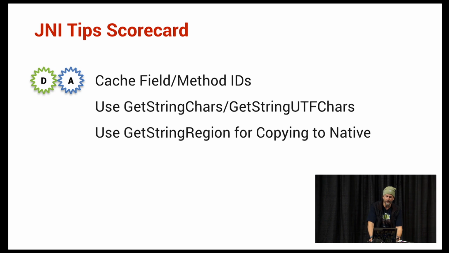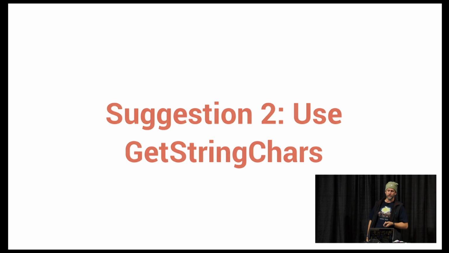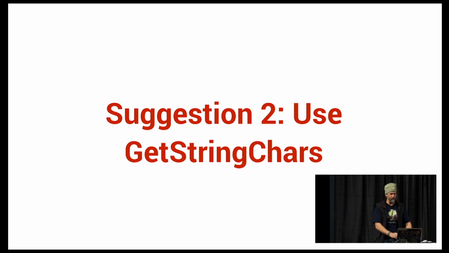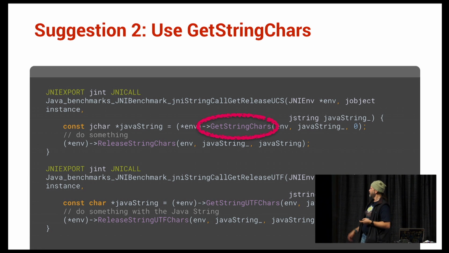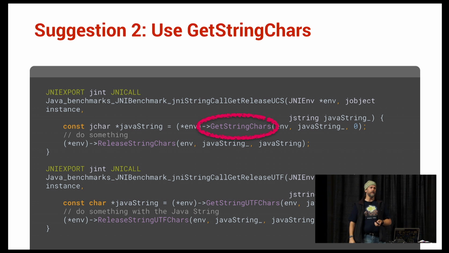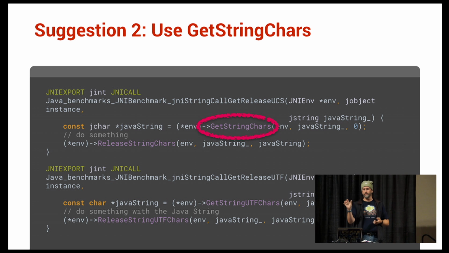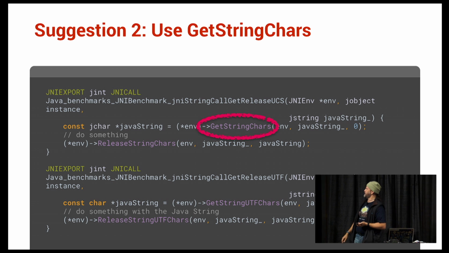All right, so let's look at suggestion 2 of this, which was use GetStringchars. Now, this was kind of interesting. So basically, as you probably all know, the standard for Java, which ART also follows, is to treat all strings as double byte character strings, UCS2.